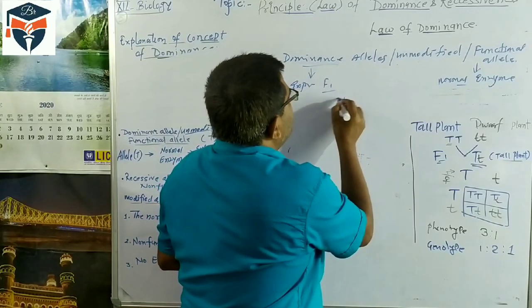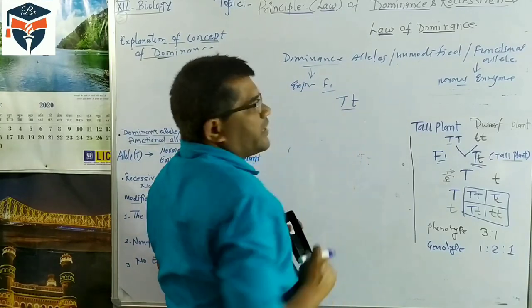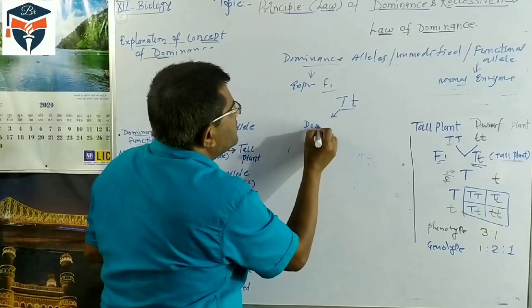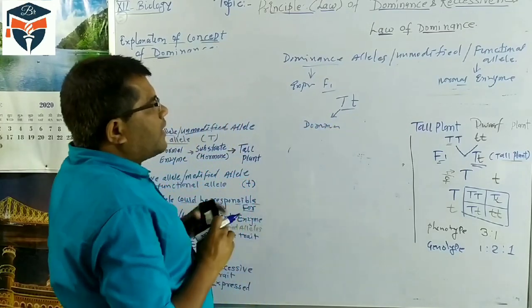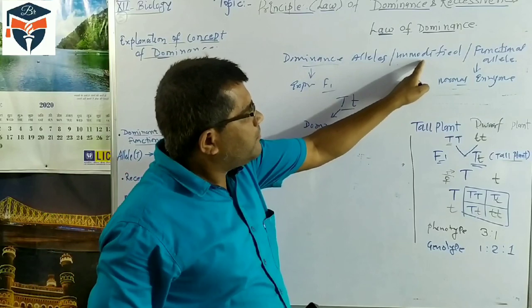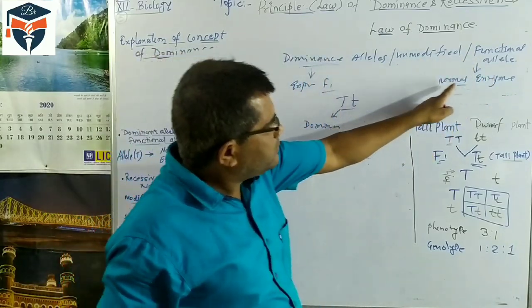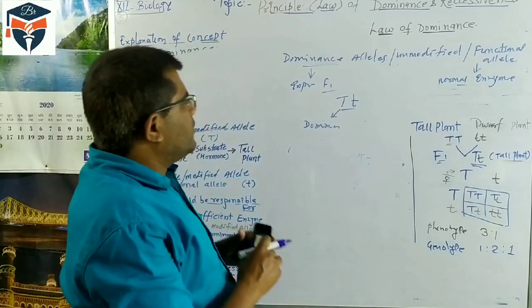Now, if you see capital T and small t, the heterozygous condition, this allele, as I told you, is the dominant allele, or you can say the unmodified allele or functional allele, because it produces the normal enzyme.